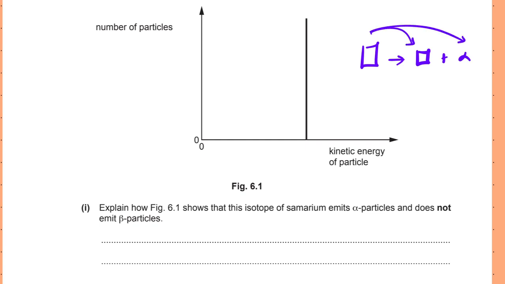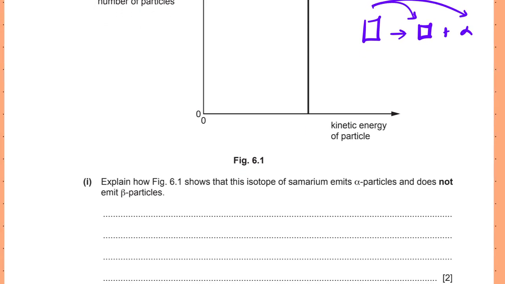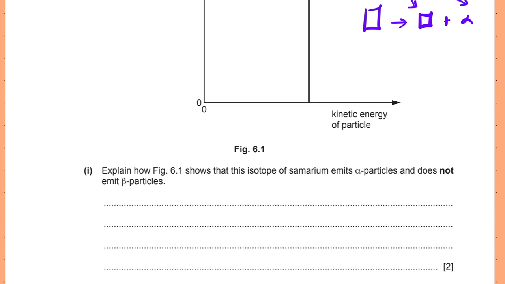So you'll say that this is alpha, because the kinetic energy of the alpha particle is discrete. It's just one value. Whereas for beta, in the case of beta negative, there are antineutrinos. For beta positive, that's neutrinos. So they take up varying shares of the energy, which leaves a varying share for the beta as well. And in that case, you have a range.